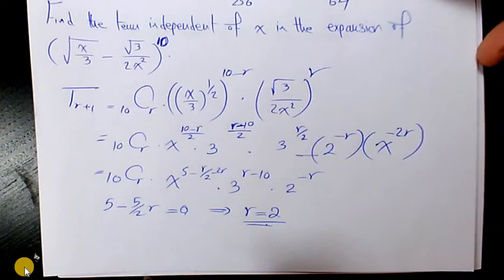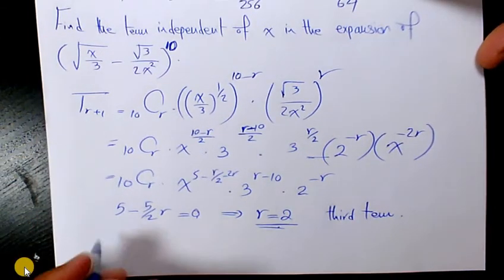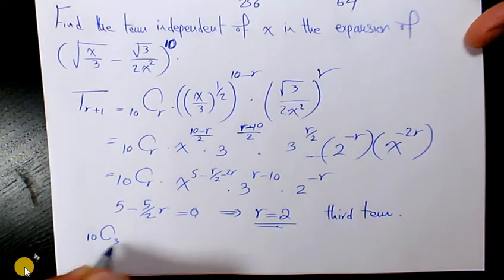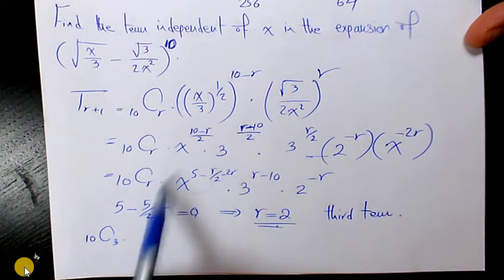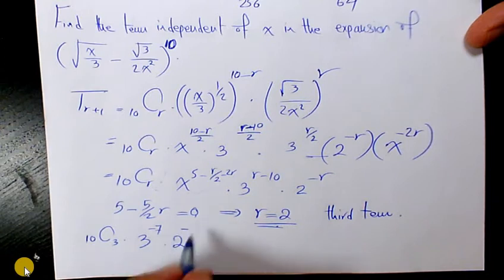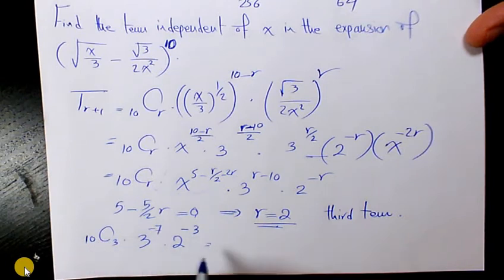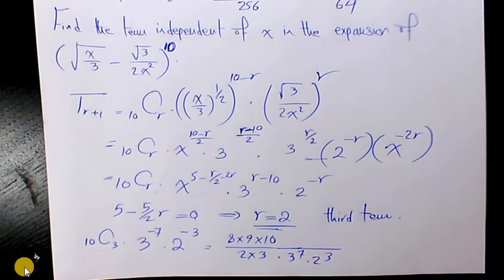When r is 2, it means that we are looking for the third term. So that's going to be 10C2. This part is going to be 1 only. 3 to the power of negative 7, 2 to the power of negative 3. That's going to be 9 times 10 divided by 2 times 3 to the power of 7, 2 to the power of 3. That's going to be the coefficient.